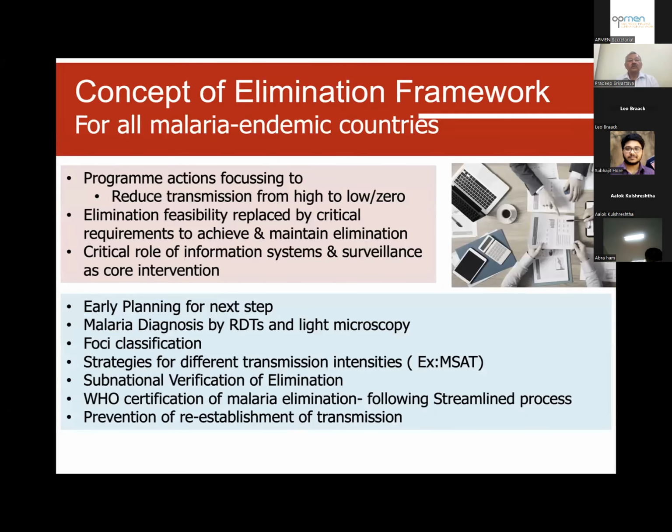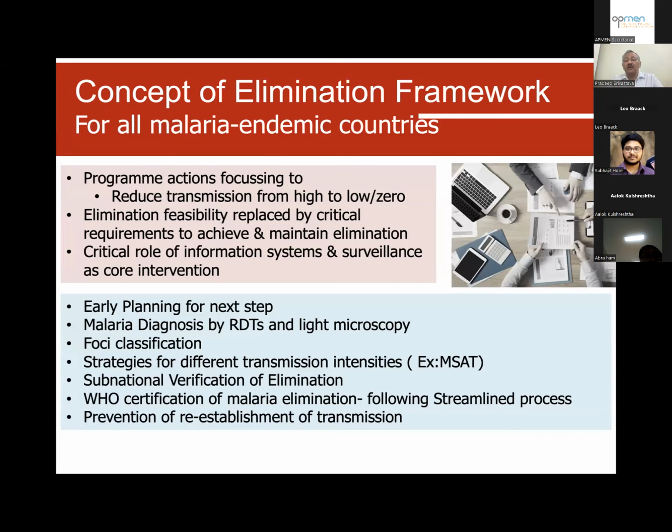Now, what is the concept? We have understood the concept and framing, but for all malaria endemic countries, the framework which is given was changed a little from earlier. The framework says where program actions should focus.